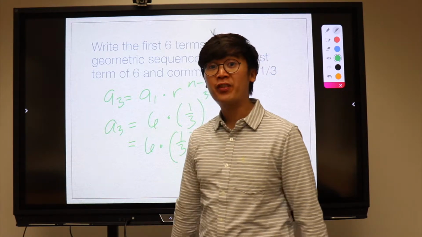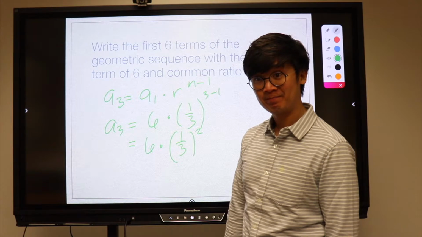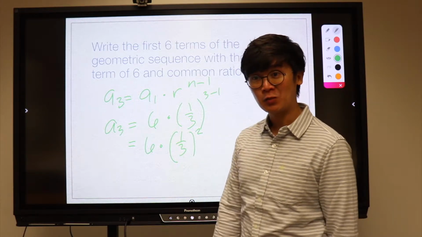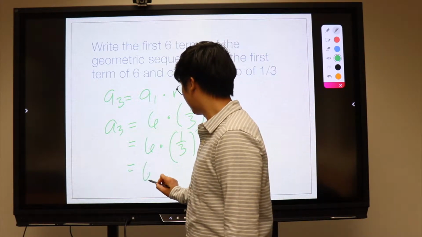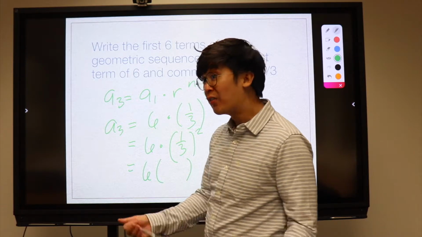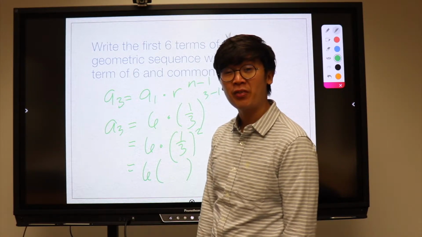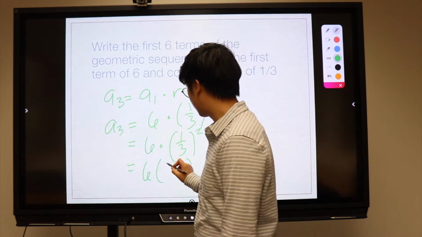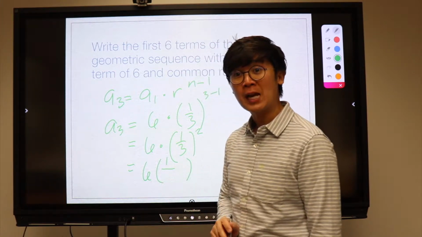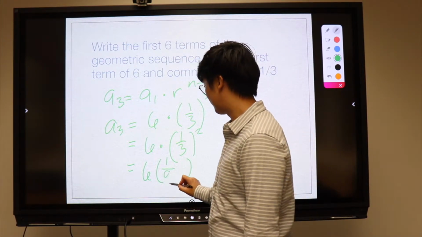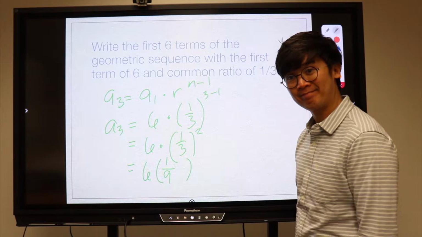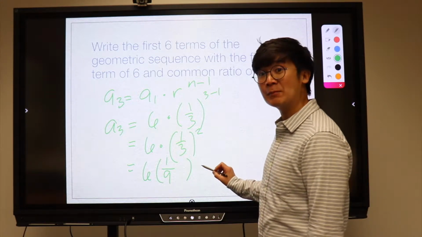And what is 1/3 squared? 1/3 times 1/3. And what's 1/3 times 1/3? 1 times 1 is 1. 3 times 3 is 9. And what is 6 times 1 over 9? 6 over 9.